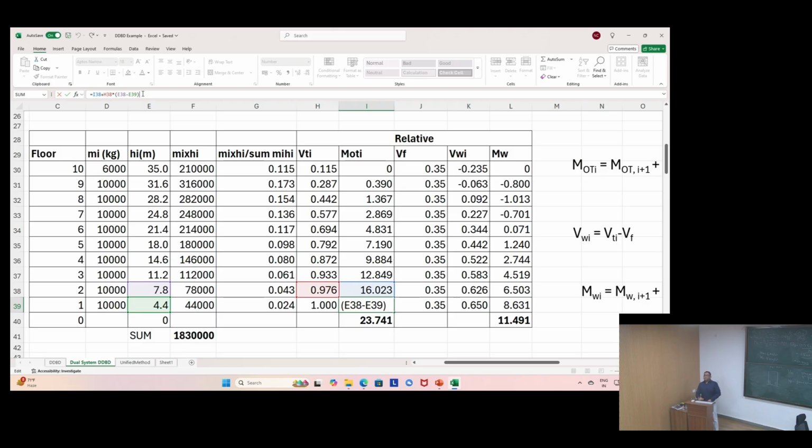Your relative moment at the top of the building, your overturning moment at the top of the building should be, what's the overturning moment at the roof? If you have overturning moment at the roof, you're in deep issue.